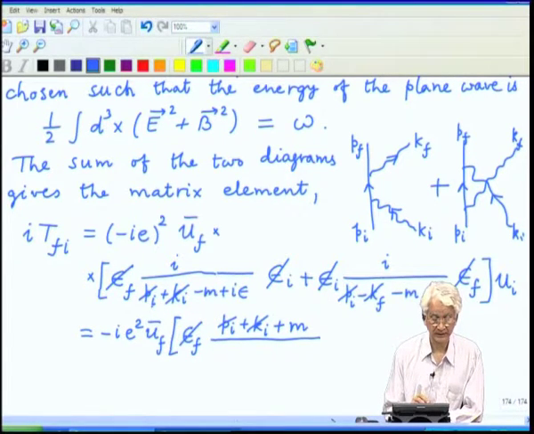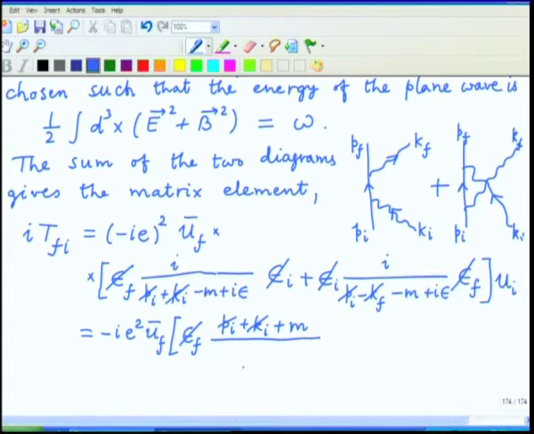So, here for example, p i slash square produces just m square, which cancels with the minus m square which is there in the rationalized denominator. k i slash whole thing square is just k square, which happens to be 0 because this is a physical photon, and so the p i slash plus k i slash whole thing square just produces the dot product of the two, which is 2 p i dotted with k i.